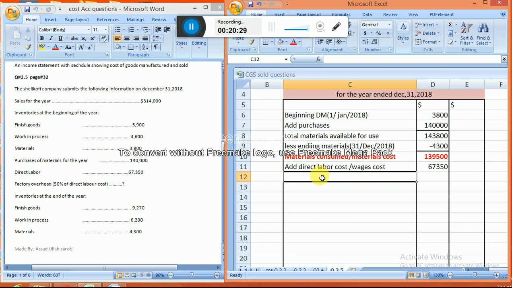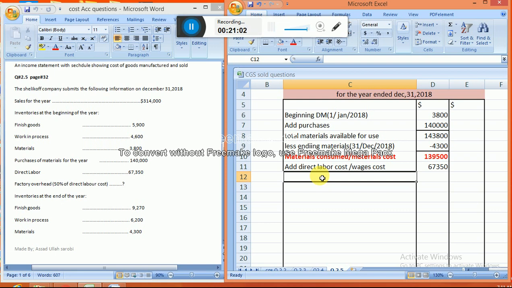But some indirect costs also take place in the manufacturing process. For example, indirect material costs are simply the electricity bill, the repair and maintenance of machinery, depreciation of machinery, light, heat, power, the supervisor salary, the superintendent salaries.